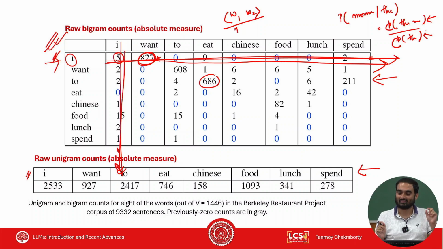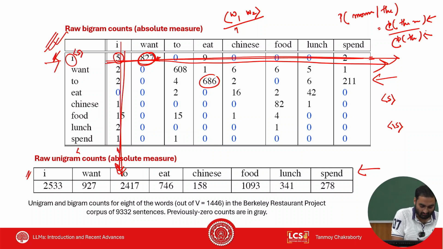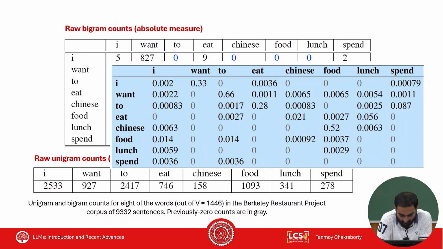But remember, start of a sentence is also a token, and end of a sentence is also a token in the vocabulary. So there will be a row which corresponds to the start of a sentence, and a row which corresponds to the end of a sentence. In that case, the sum would be the same. Wonderful. Okay, let's move on.